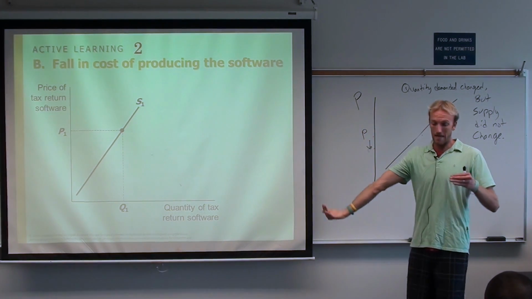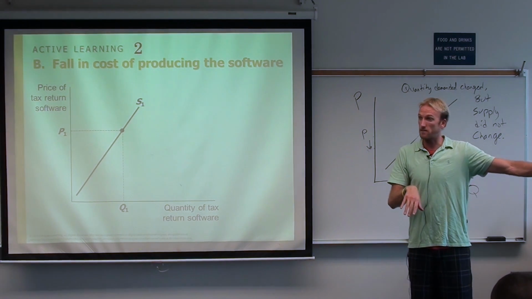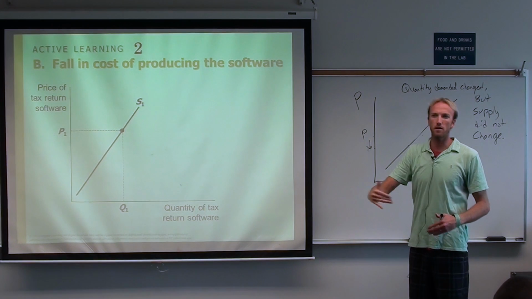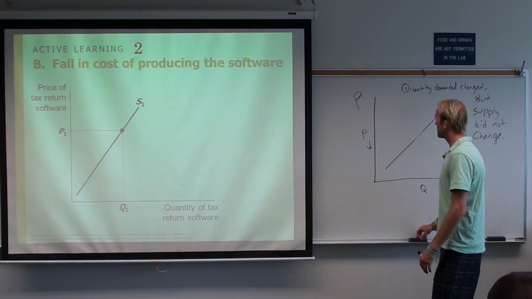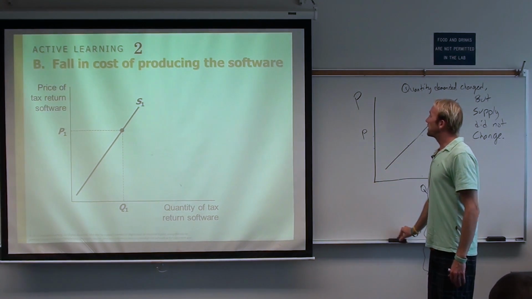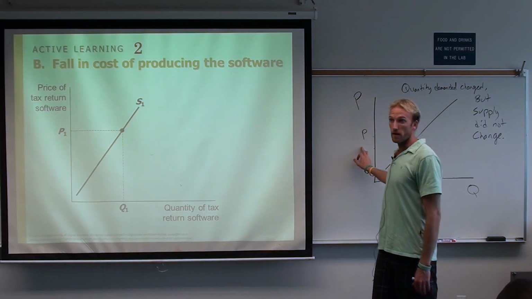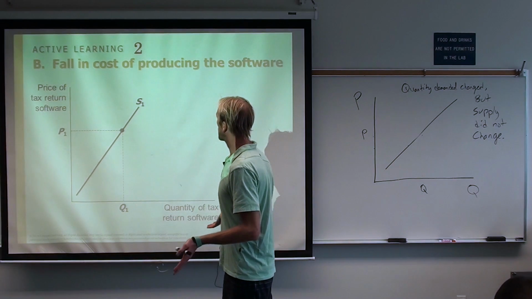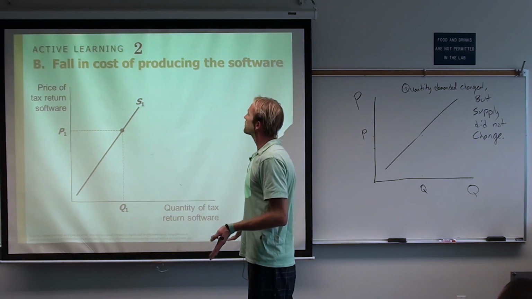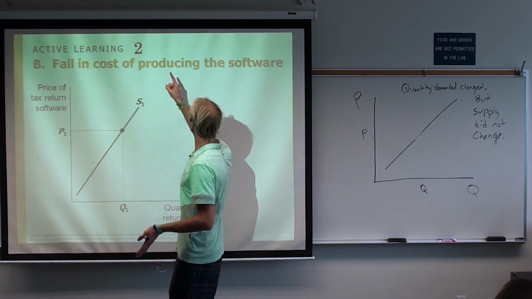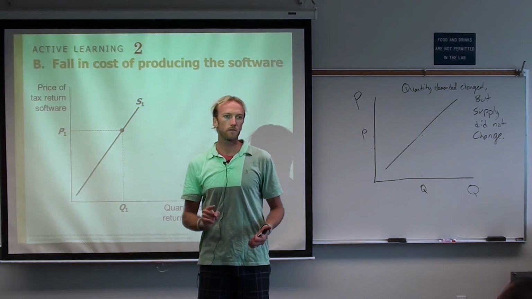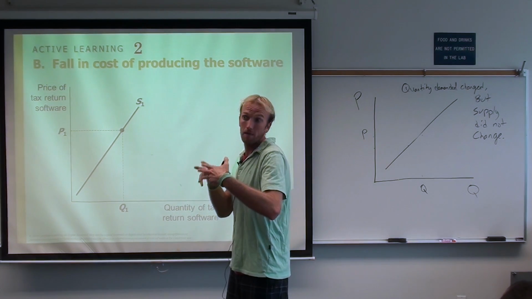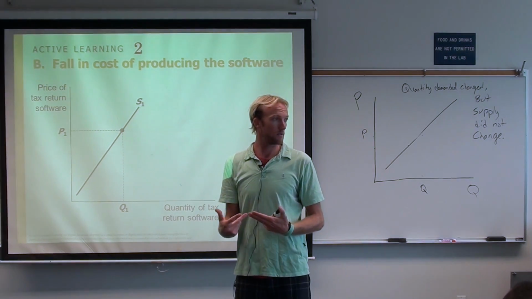This is all, we're talking about input prices. We're not talking about output prices, right? This is the output price of the product. I'm not talking about the costs of the inputs. Okay? So it's not a change in its own price. So it's probably going to be a shift in the curve. Okay? And let's think, what's it going to do? If it gets cheaper to produce the software for any price point, am I going to be able to produce more or less?